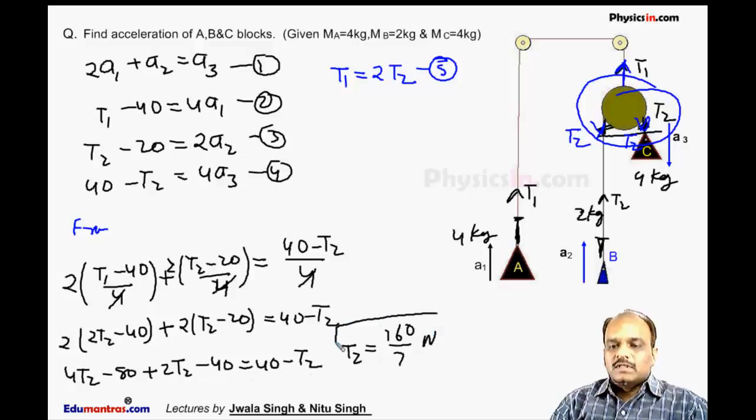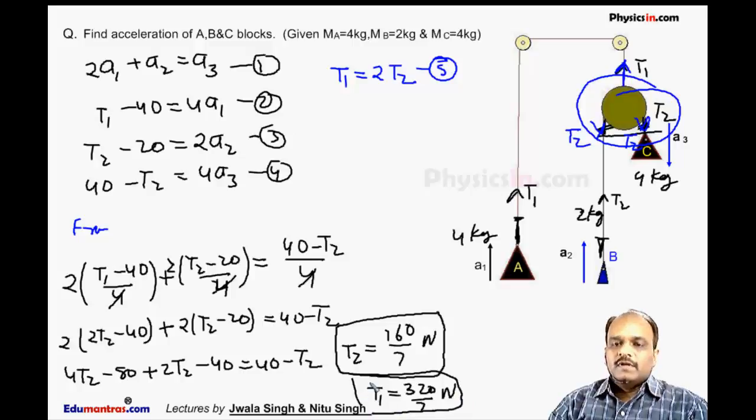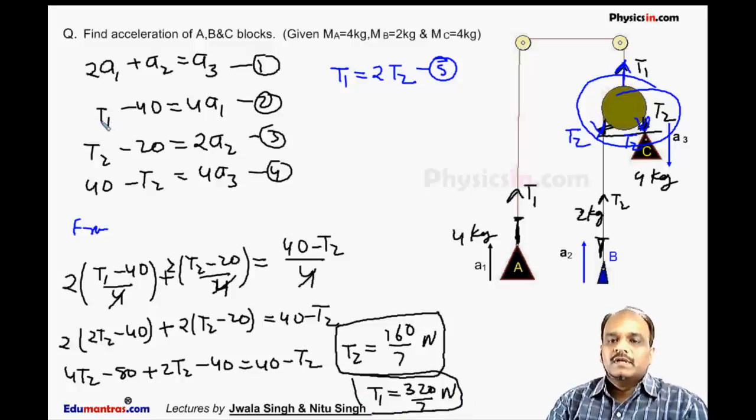So T2 is 160 by 7 Newton. This is T2. In the same way we can say T1 is equal to 320 by 7 Newton. This is T1. Now if we know the value of T1 and T2, I will substitute the value of T1 here.